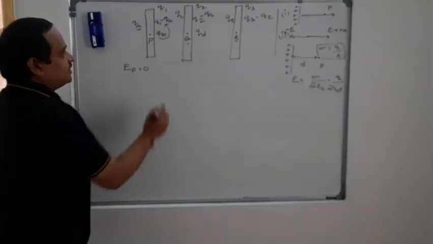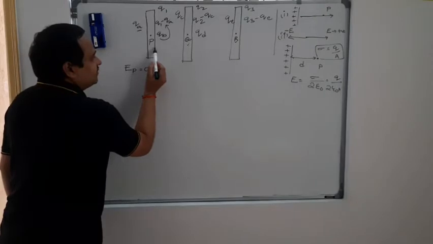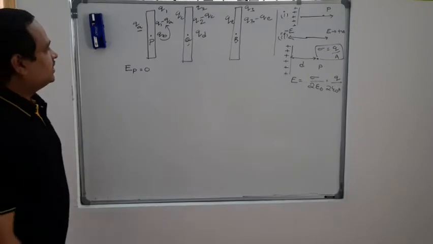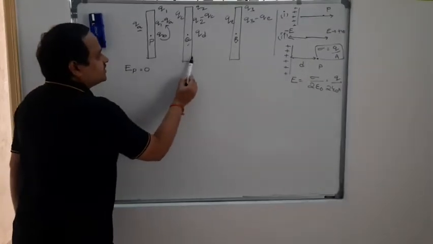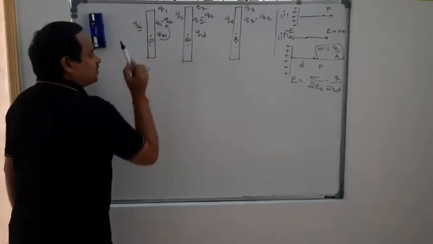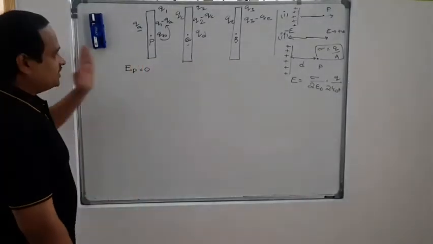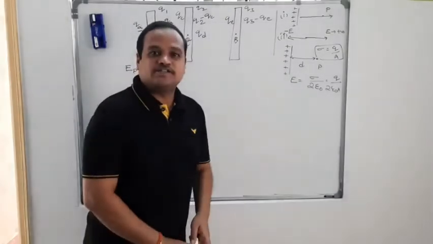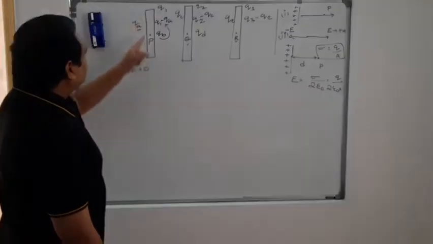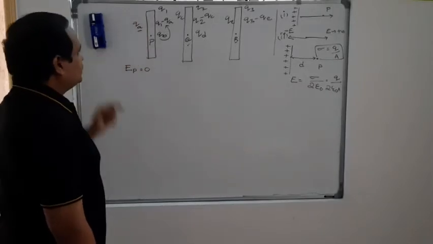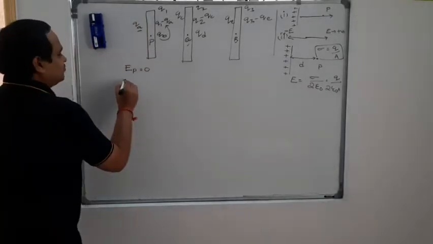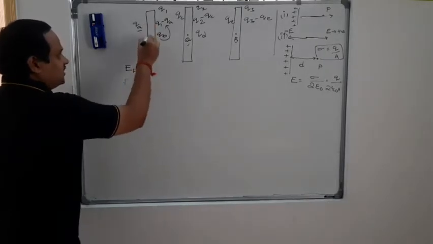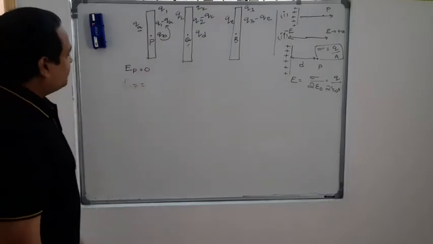Next, let us see the remaining plates, these 6 plates. Electric field due to these plates at this point will be towards the left, right? And electric field towards the left is always negative. So the electric field due to this first plate having charge QA is given as, now I am going to write the electric field due to all the charged plates at the point P.